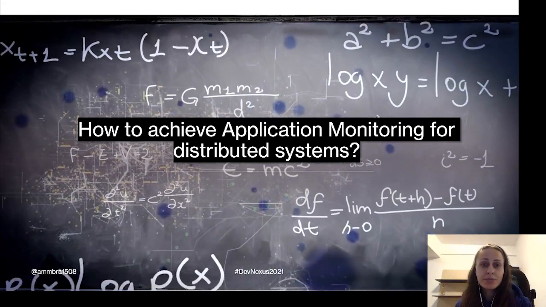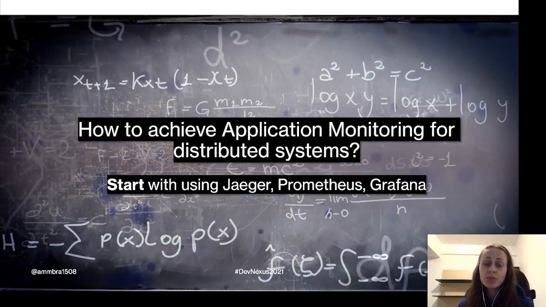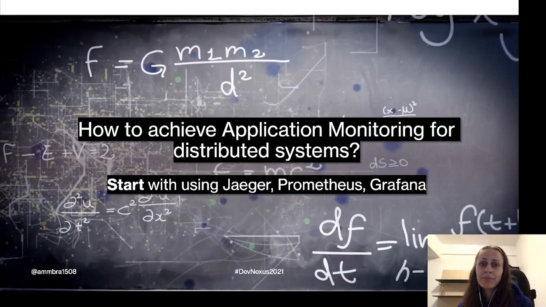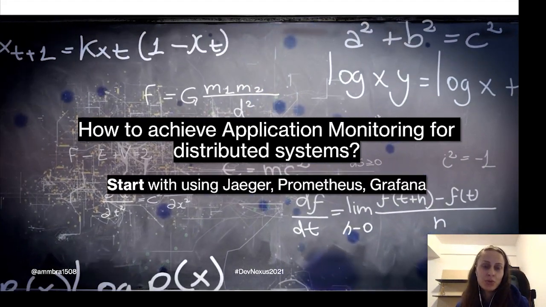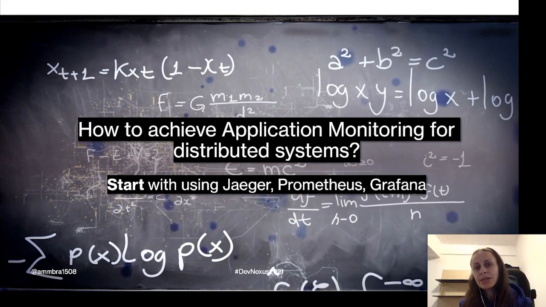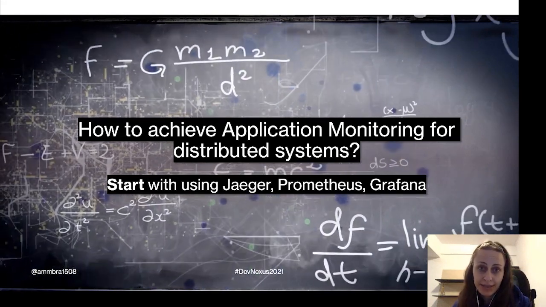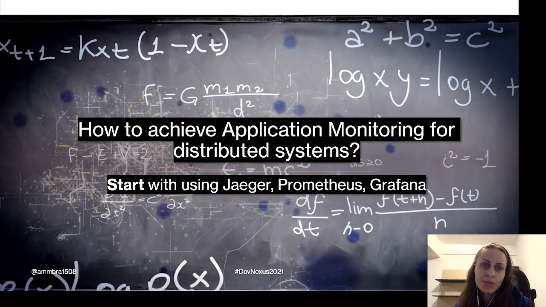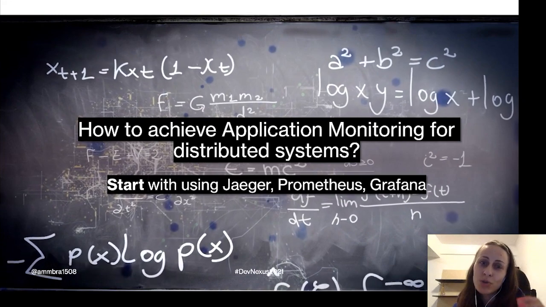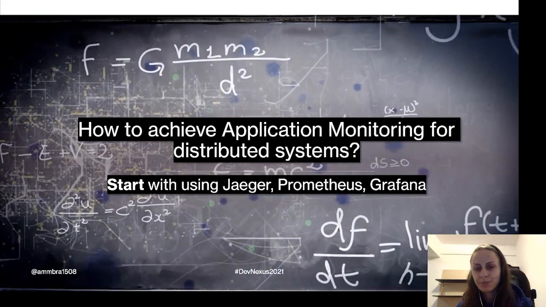And in today's presentation, my suggestion for you, my personal opinion, is to start with using Jaeger, Prometheus, and Grafana. Yes, some of you are going to say, so many tools or so few tools. You will see in my presentation the importance of each of them. Of course, you can choose to use less. But when you start using one of them, you'll see that you need a little bit extra so that you can get more information and improve more.